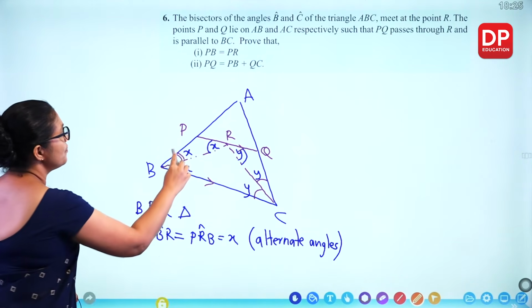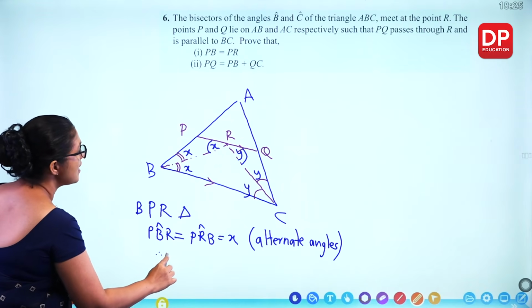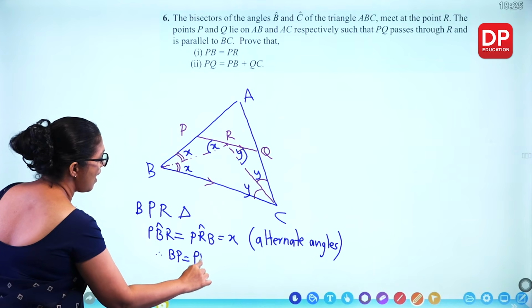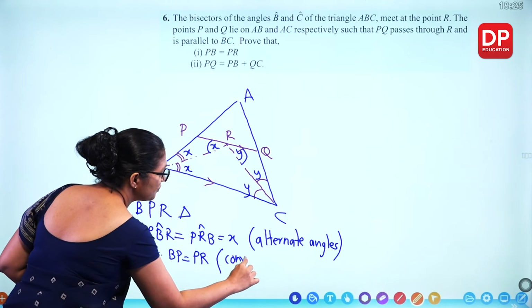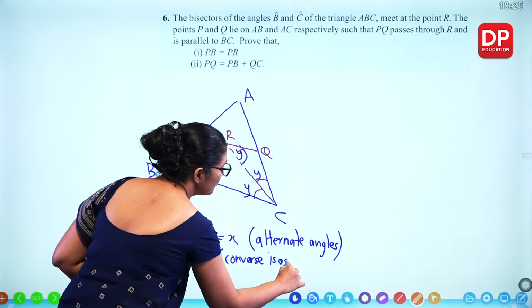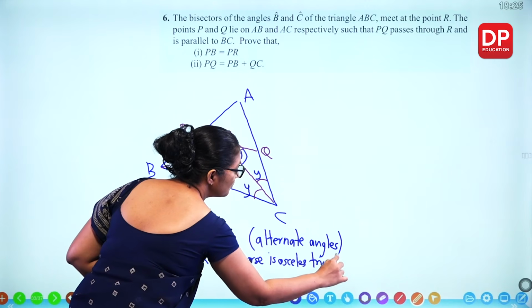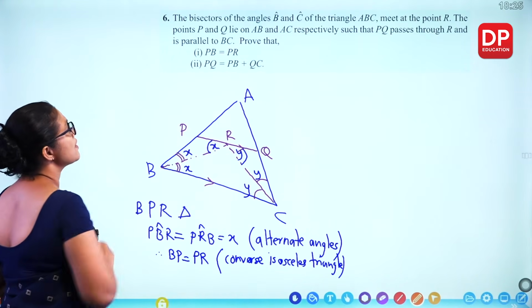Now, these two are equal means straight away we can write BP should be equal to PR. That's the converse of the isosceles triangle theorem. Now, that's the first part.